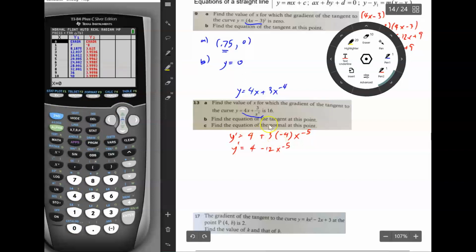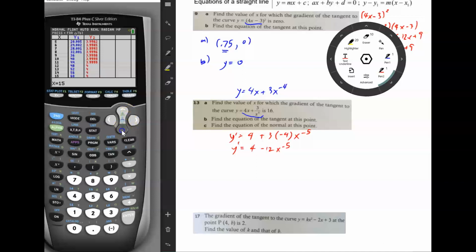And then I'm going to find the equation of the tangent at which point? At this point where the gradient of the tangent is 16, which means red 16. Okay, so let's find when the red number is 16. I think I just hit an asymptote. So do you see how the red number is always 4?